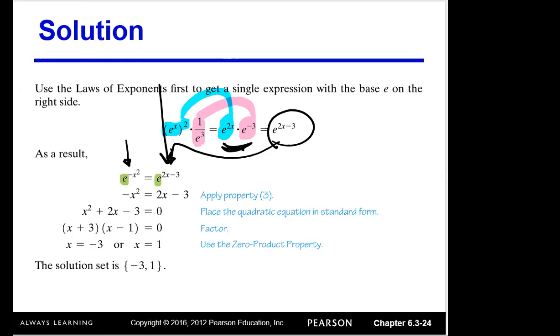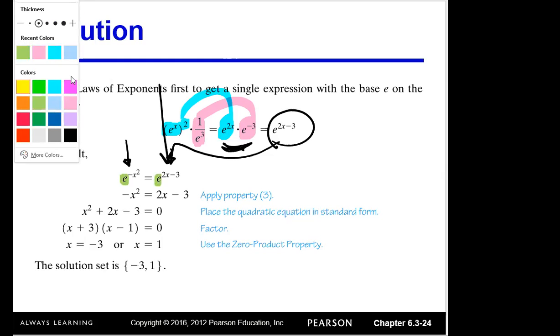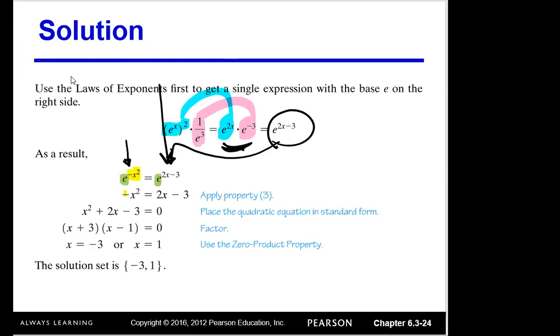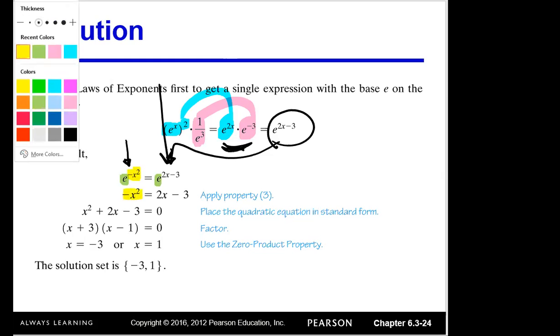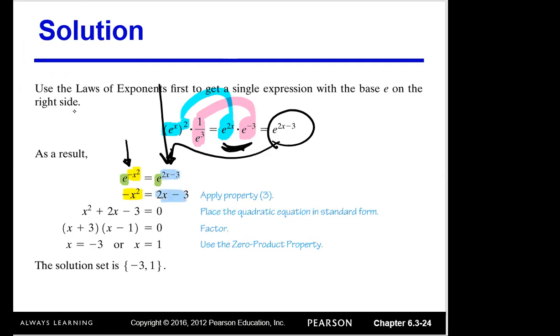I have an e to the negative x squared equals an e to the 2x minus 3. They just dropped the e's out. Now, unfortunately, this one is a quadratic because you have an x squared. So they set it equal to 0, and it looks like they actually moved everything to the right side to make the x squared positive, and then they factored, and then they got the 2 answers.